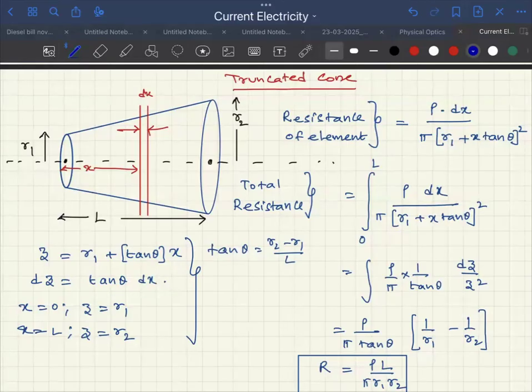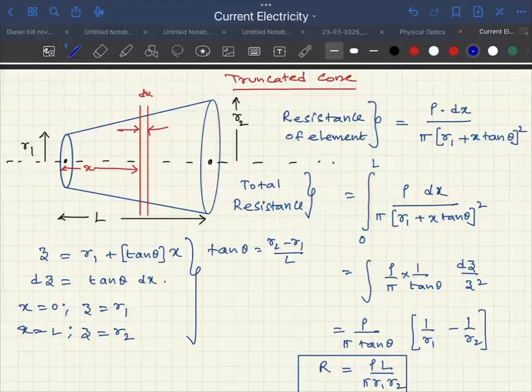You will see discs. In a Poppins packet, all the Poppins are polos, for example, all with the same radius. But this is a truncated cone. From one end to the other end, the radius gradually increases. But basically, they are all discs. You take one such element here.